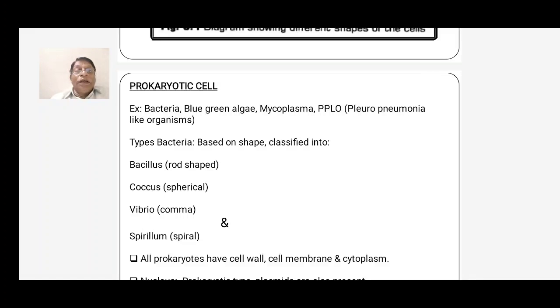It means the outermost layer is cell wall. Inside the cell wall, cell membrane is present. Inside the cell membrane, the fluid matrix, cytoplasm is present. Okay.